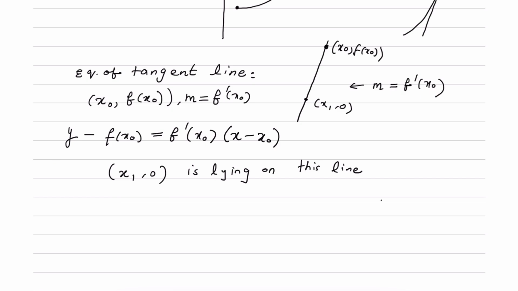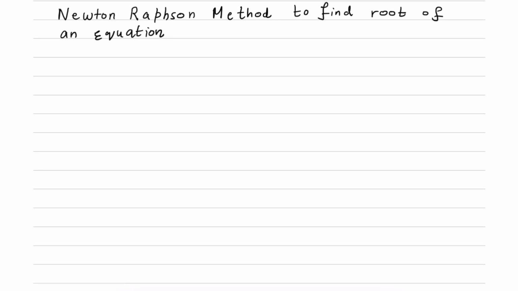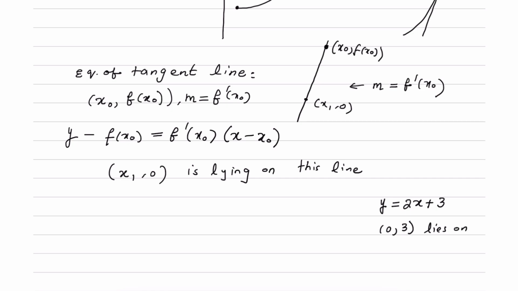But before we do that, let's have a look at this straight line, y equal to 2x plus 3. If I say that the point 0, 3 is lying on this line, you will make this point lie on this line.